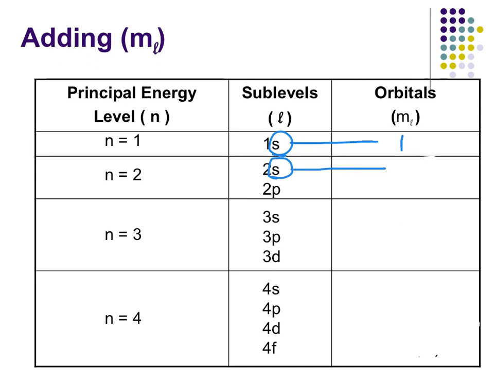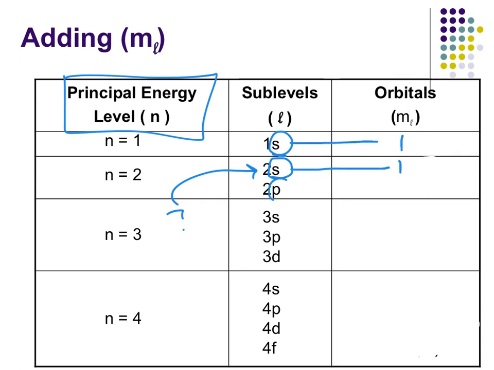The s is always one orbital. What does that 2 represent? That is the principal energy level, which represented the distance from the nucleus. So it's still a spherical shape, just like it was on the first energy level, but now it's just located in a further energy level.